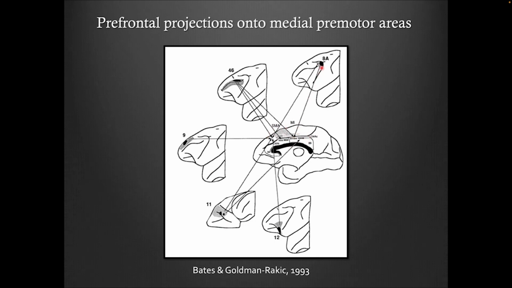So you see that the projections are segregated anteriorly from the mid to the more anterior rostral cingulate zone in the CMA, that is cingulate motor cortex, and the SMA and the pre-SMA. And you see that these regions project differentially to the medial premotor cortex and CMA.